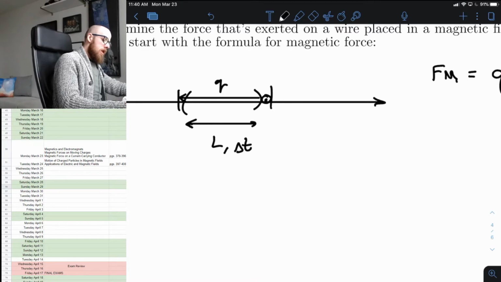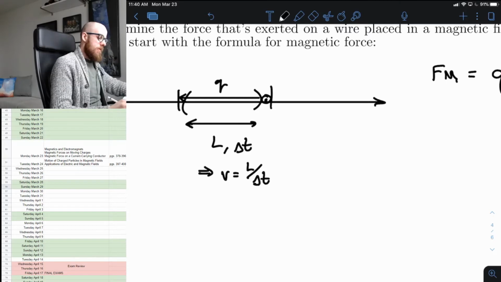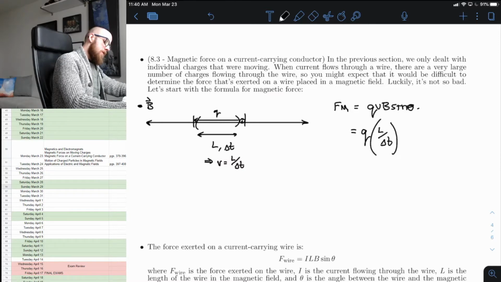So we can use that to determine the speed of the charge. The speed of the charge is equal to L over delta t, the distance over the time. And we're going to plug that into our magnetic force formula: Q L over delta t times B sine theta.